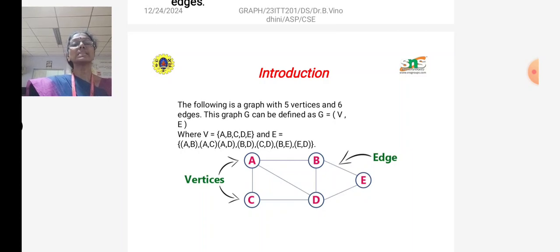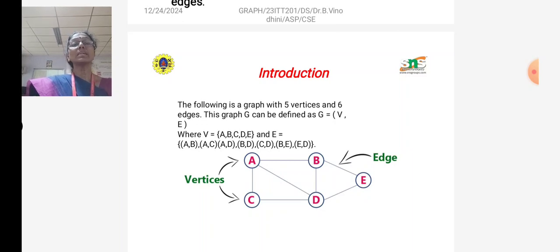Here the vertices are A, B, C, D and E, represented as circles, and edges are the connections between two vertices. In the given graph, the number of vertices is 5 and the edges are AB, AC, CD, BD and DE.